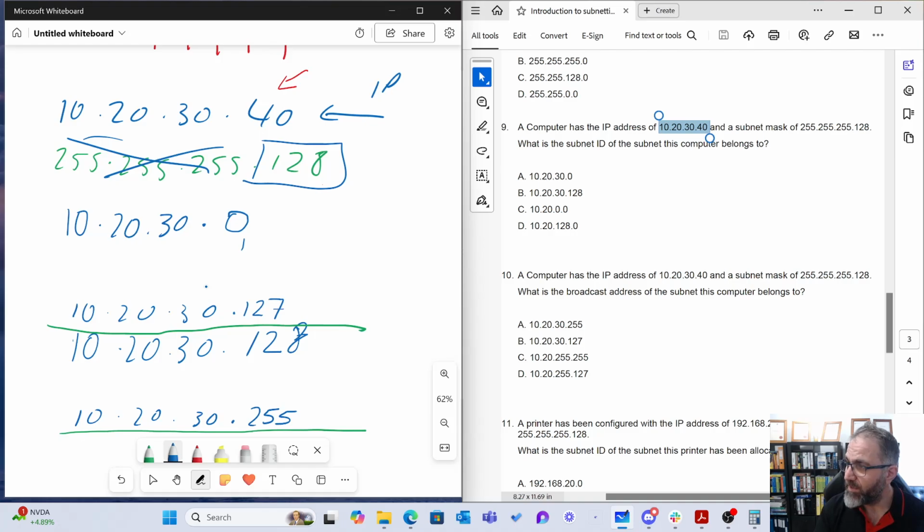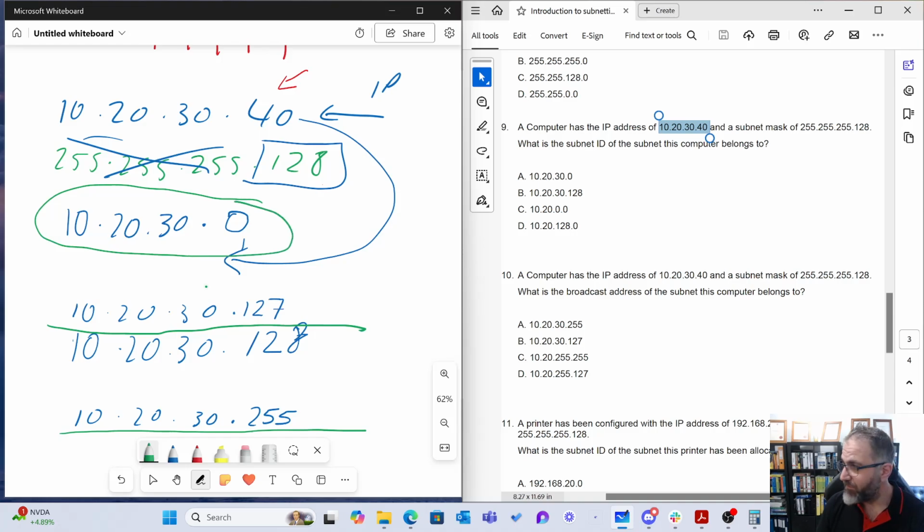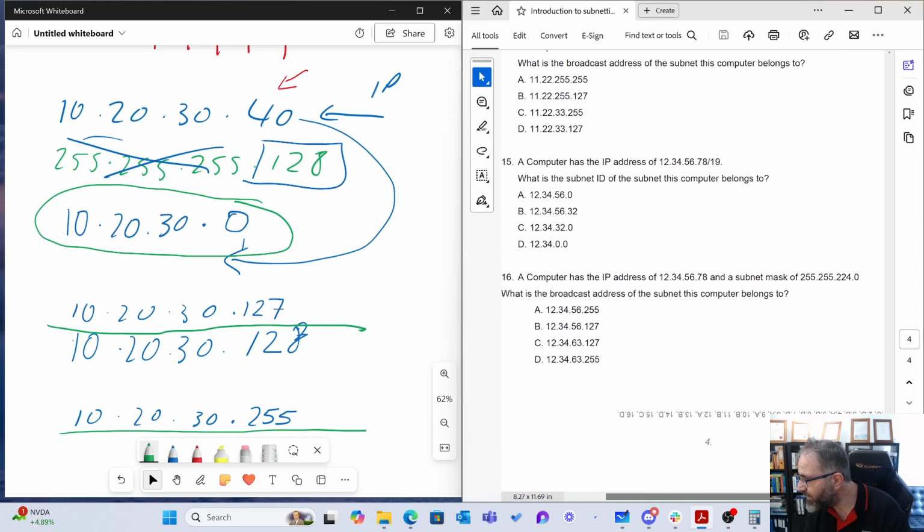Okay, where does that fit in? That fits in here. So the subnet ID is this one. And if you don't believe me, let's check it out. That's question 9, I've got to read upside down. And the answer is there, 9A.